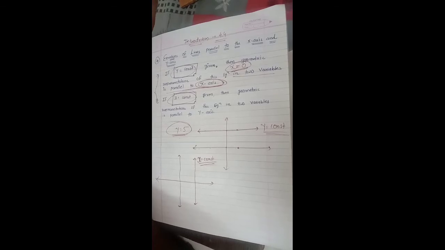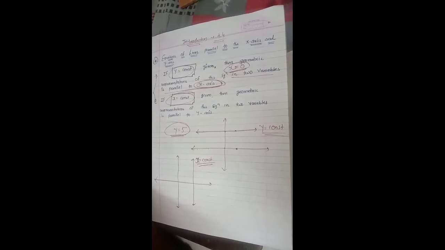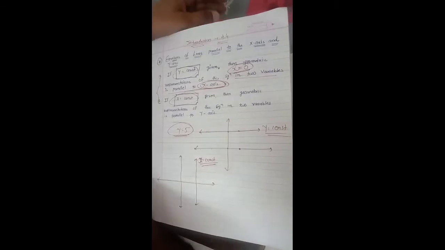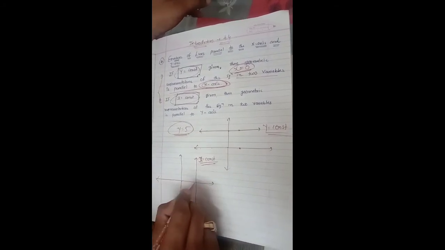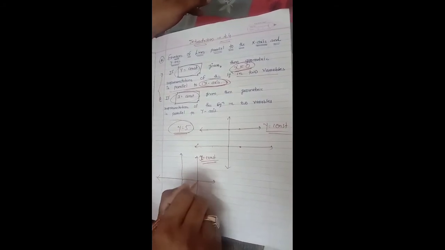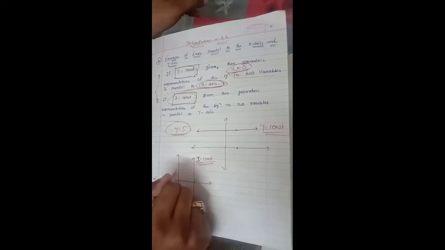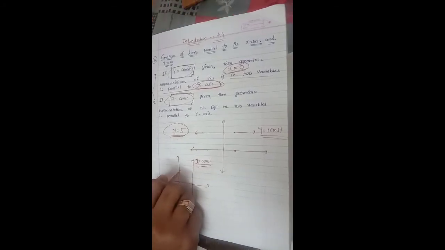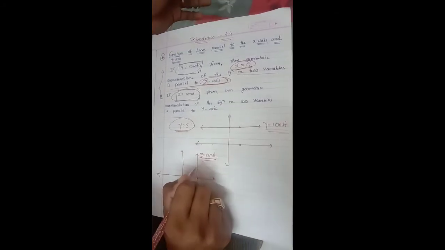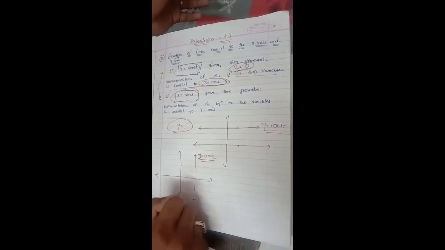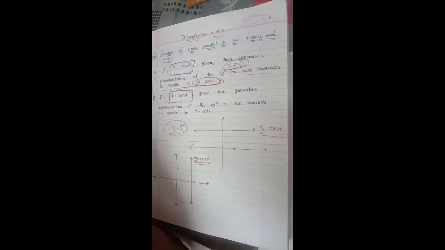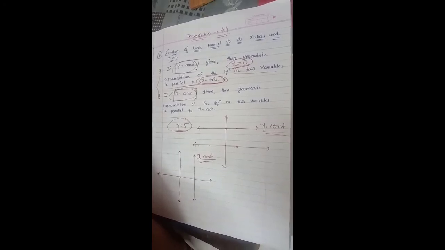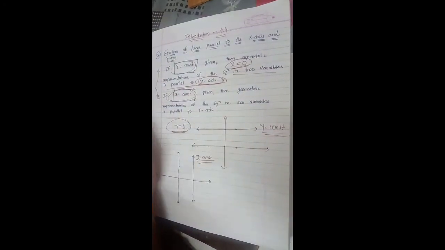It means for any value of y, you get the same value of x. If y is equal to 0, x is equal to 4 here. You put y is equal to 2, again you get x is equal to 4. Y is equal to minus 4, again x is equal to 4. Means any value of y, you get the same value of x. It means x is equal to constant, y is 0 and the graph is parallel to the y-axis.